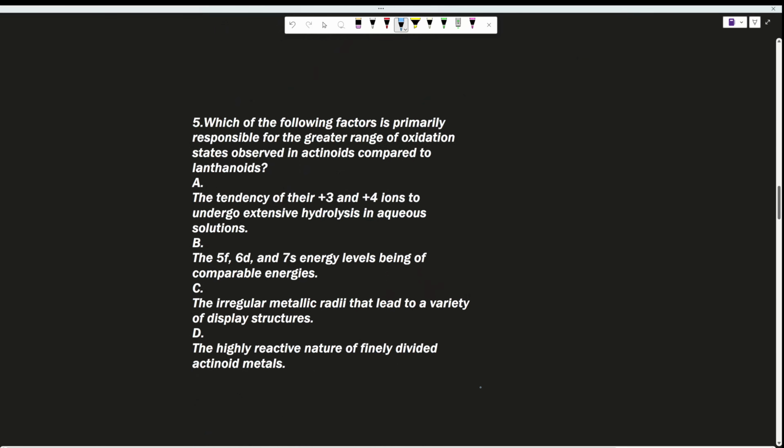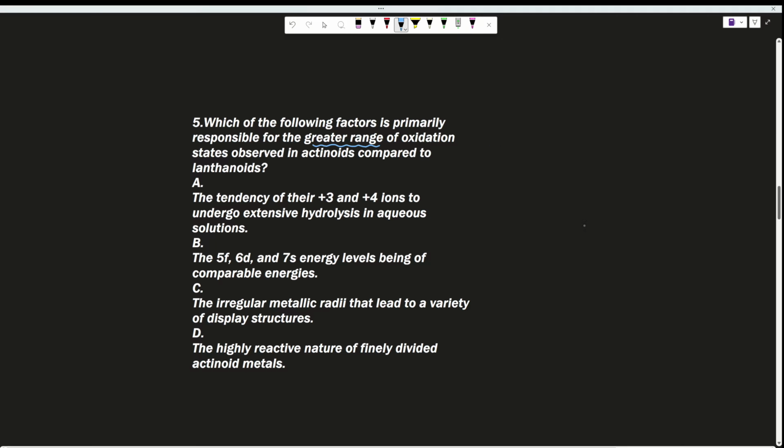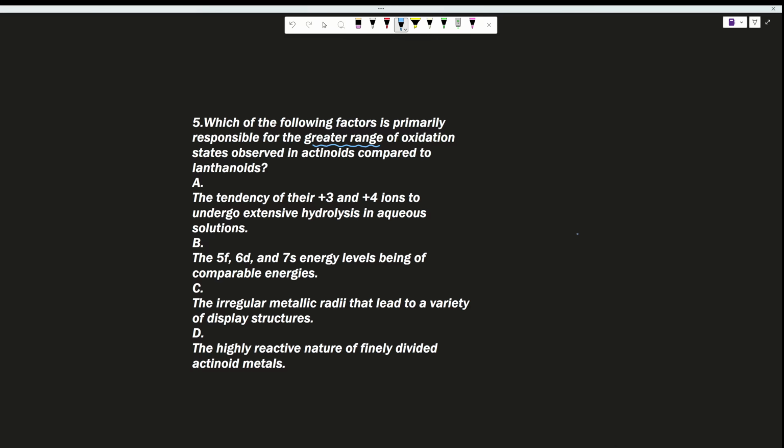Next, which of the following factors is primarily responsible for the greater range of oxidation states observed in actinoids compared to lanthanoids? A greater range of oxidation states means more electrons are participating in bond formation.